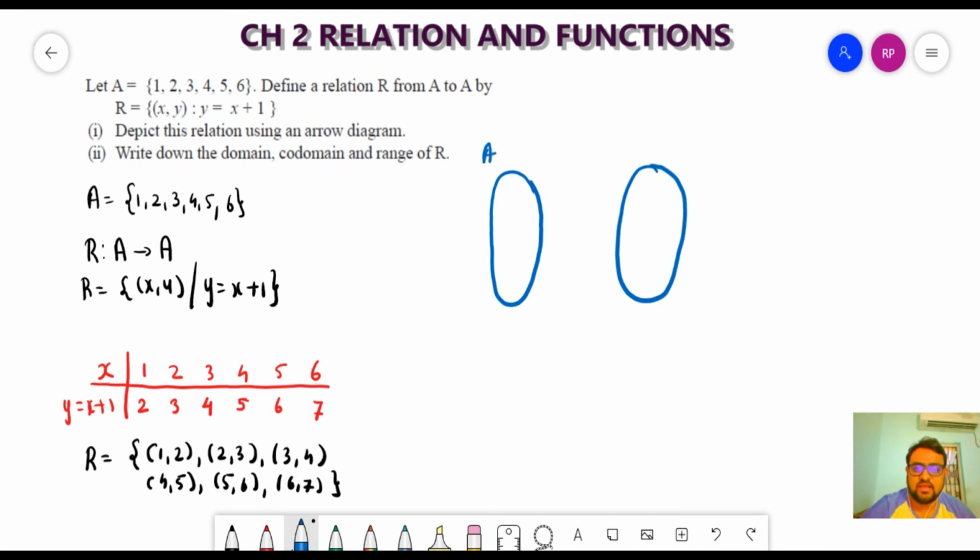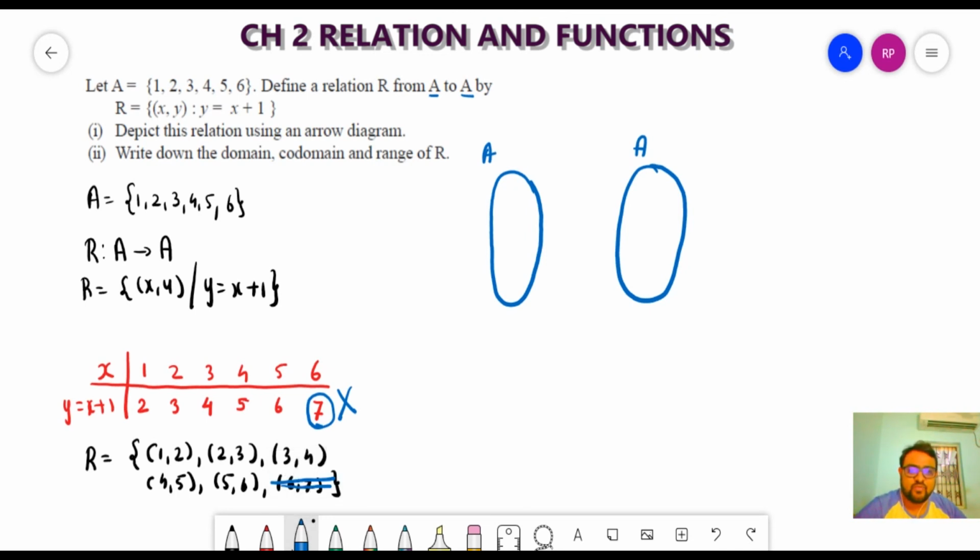set A to A. Now see here, the question is from A to A. Here I got the value 7, right? So I am not having the value 7 in my codomain, so I cannot take this value. Clear? Okay.